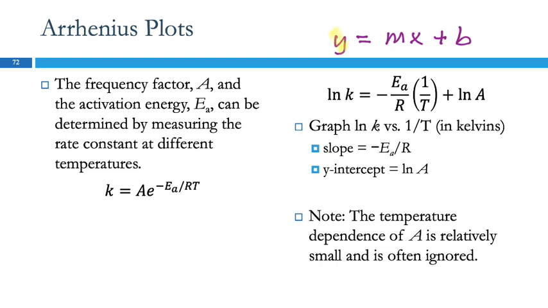So we graph natural log of k on the y-axis. We graph 1 over the temperature in Kelvin on the x-axis. We should get a linear graph. We can do linear regression and find the equation for the line.